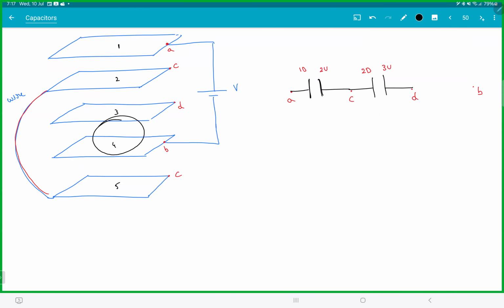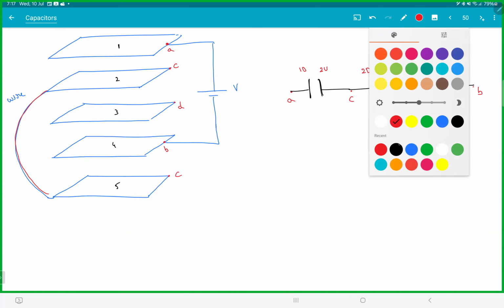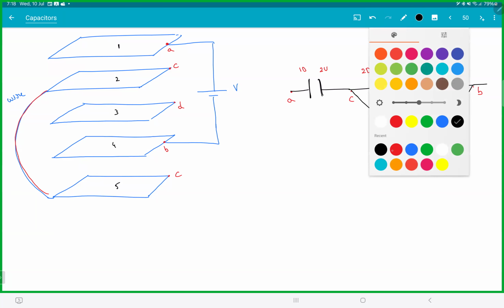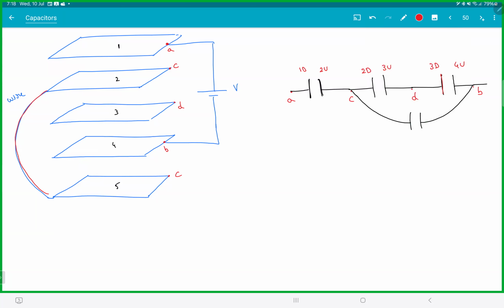The third capacitor is between B and D. This is constructed by third plate ka downside and fourth plate ka upside. And the fourth is between B and C, and this is fourth plate ka downside and this is fifth plate ka upside.